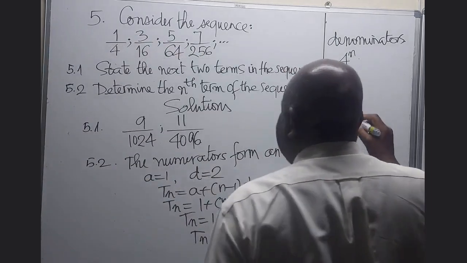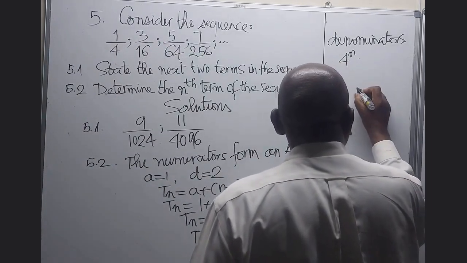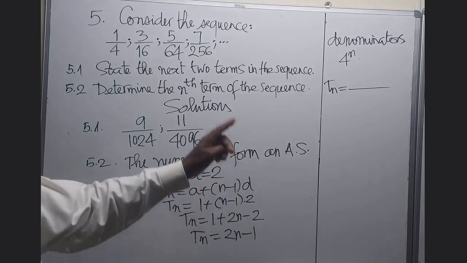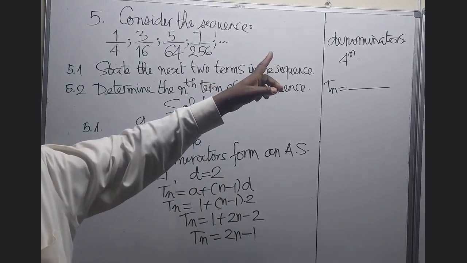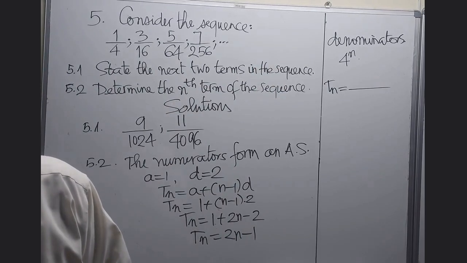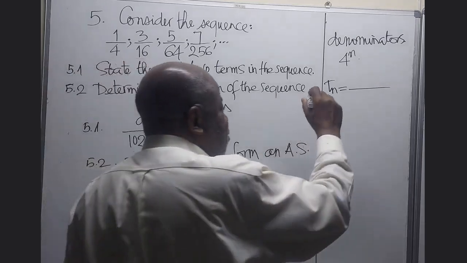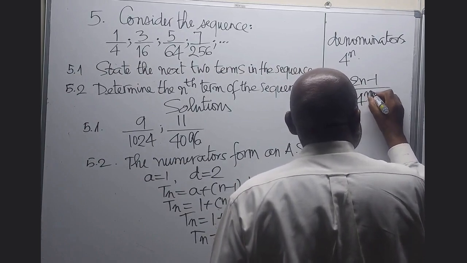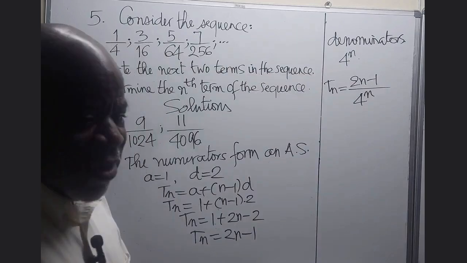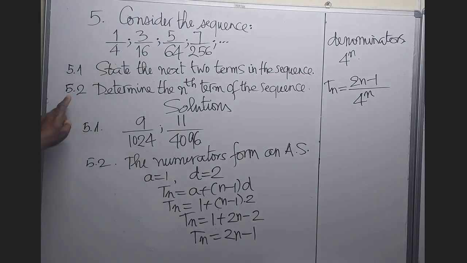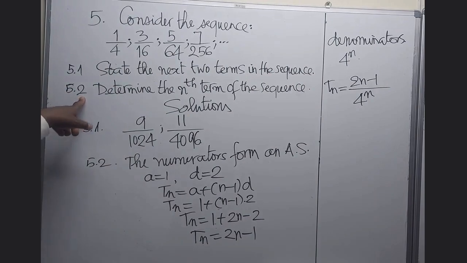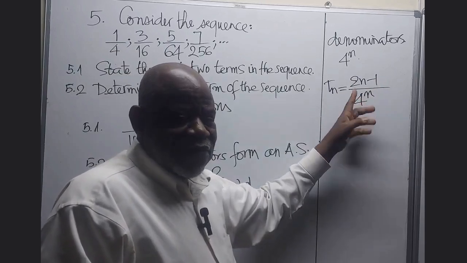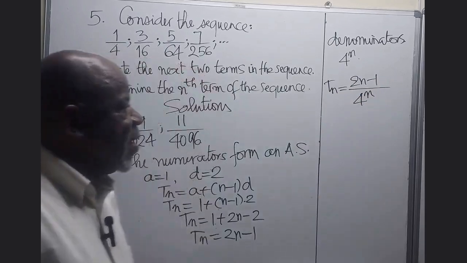So the general term of the sequence is 2n minus 1 at the numerator, and at the denominator it will be 4 to the power of n. This is the answer to question 5.2: the nth term of this sequence is (2n minus 1) over 4 to the power of n.